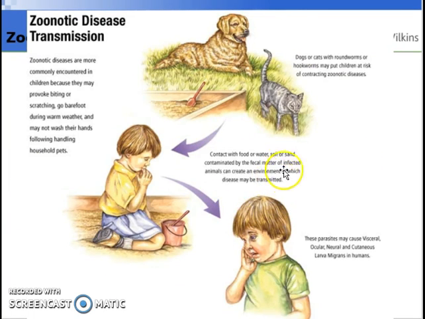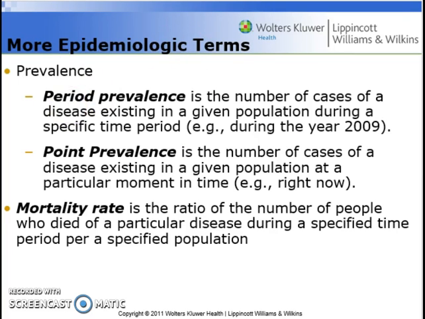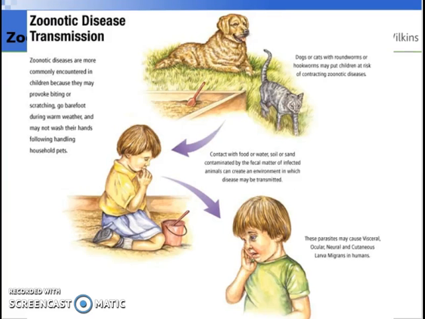So this is a key example of zoonotic transmission, where this child is going to acquire a parasite essentially from playing outside because the kid didn't practice very good hand hygiene when he was younger. That's just one example of zoonotic disease transmission.